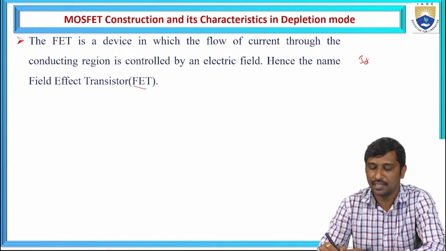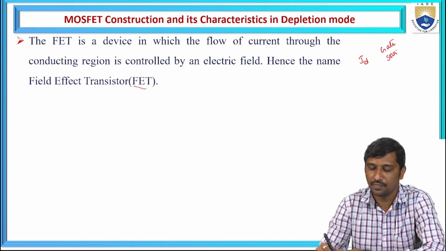From this representation, the drain current is controlled by an applied electric field between the terminals, in between gate and source, as well as drain and source.